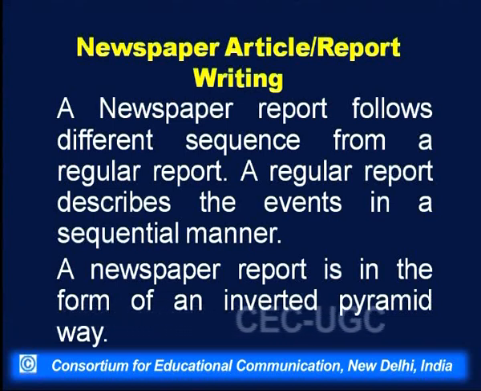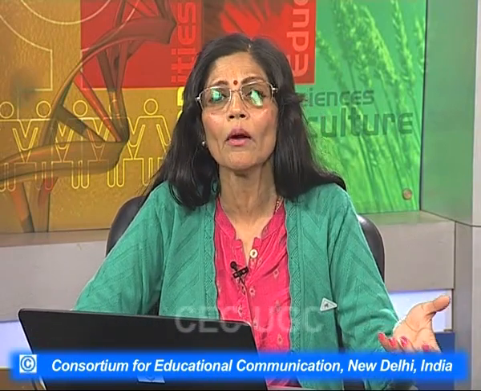If we are to report about some event which took place in a school or in an organization, it has its own purpose, and if one is writing for a newspaper, it has its own objective and its own style. A regular report describes the events in a sequential manner.